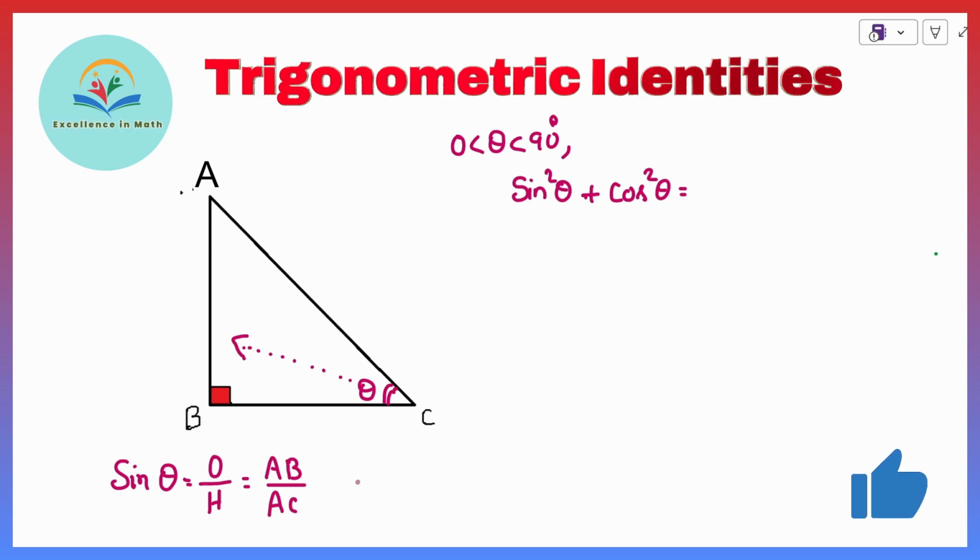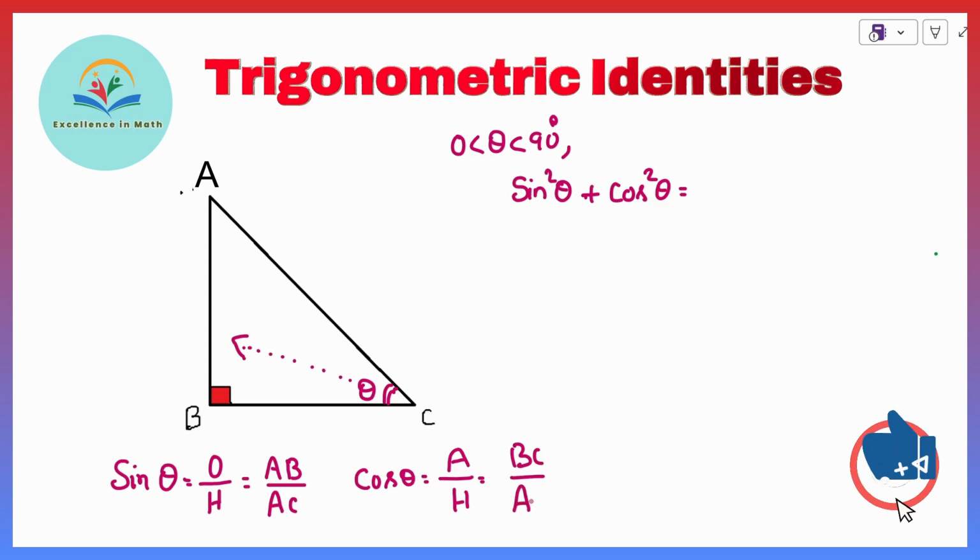Now let's move on to what is cos theta. We know that cos, a trigonometric ratio, always compares the adjacent to the hypotenuse. Here the adjacent side with respect to theta is what? BC over AC. Now let's replace the values of sin theta and cos theta in sin square theta plus cos square theta.